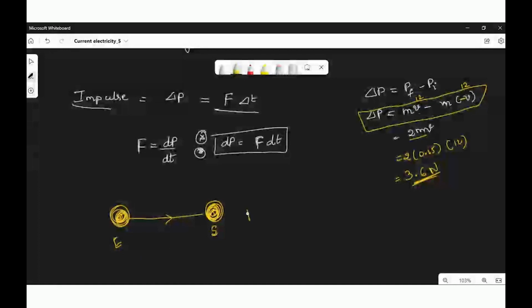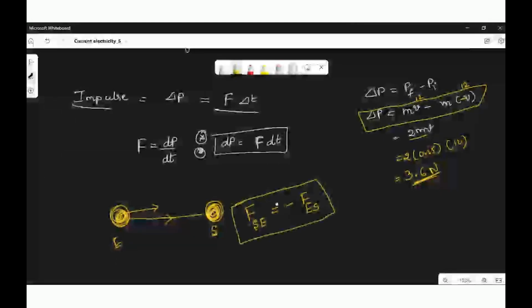For example, the sun attracts the earth with a force, I write like FSE. If it attracts the earth with a force of FSE, then the earth will also attract the sun with the same force, FES, but in the opposite direction. They're always equal and opposite.